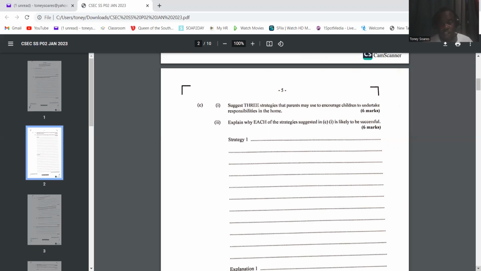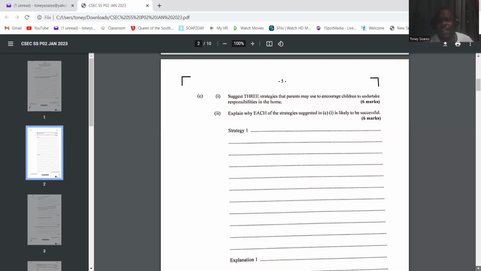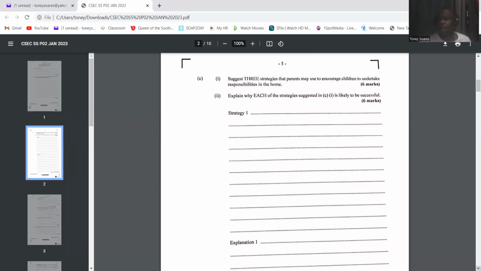This is likely to be successful because the kids will be extrinsically motivated to complete the chores, because they know that at the end of completing the chores, whether it's daily, weekly, fortnightly, or monthly, they will be getting a reward. It may not be monetary, but something tangible, like a gift or a special privilege, and they are going to be more willing to complete the chore because of the reward.